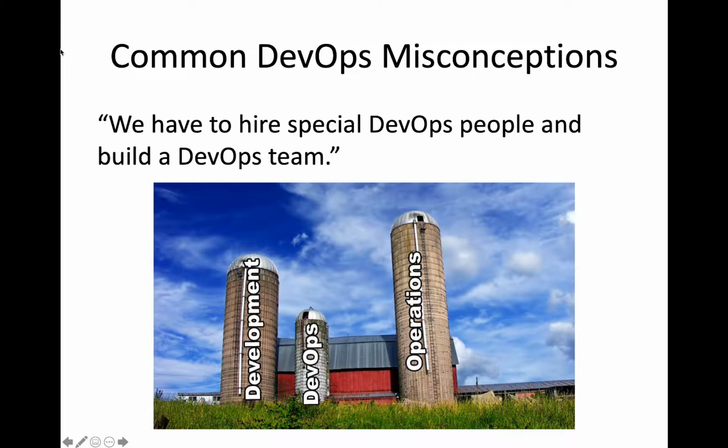That's the DevOps team's job to do that stuff. And that's simply not true. In order to build a successful DevOps culture and organization, you need everyone in the organization to be invested to a certain extent in DevOps methodologies.